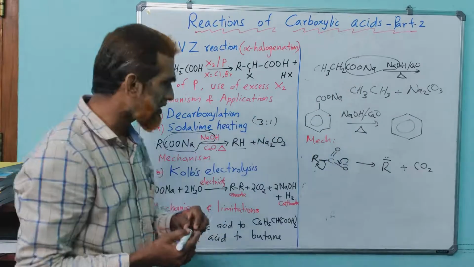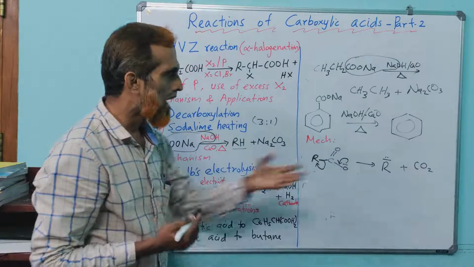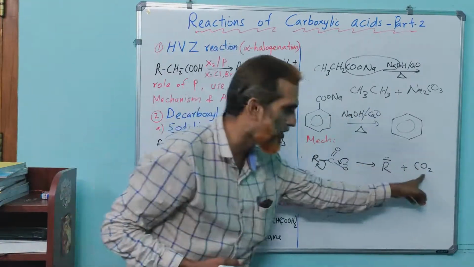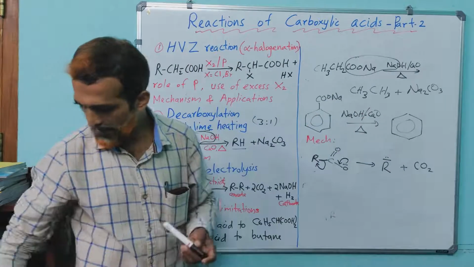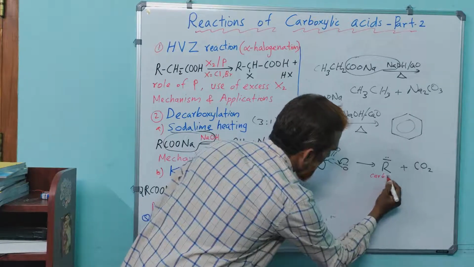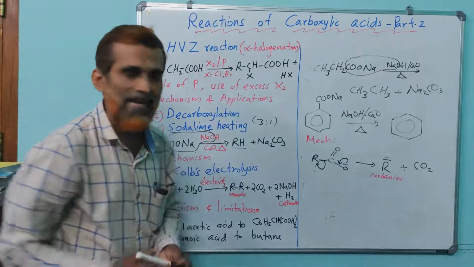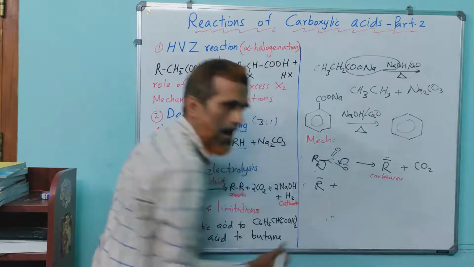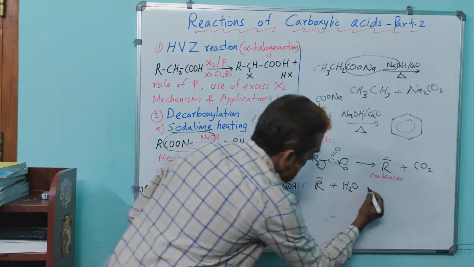So carbon dioxide is lost in this way from this molecule, and it will be taken up by NaOH, which is a strong base. CO2 is acidic oxide, so it is reacting with NaOH. So this is carbanion. Okay, that's the first step. Now this intermediate takes up H plus from water or any protic medium.